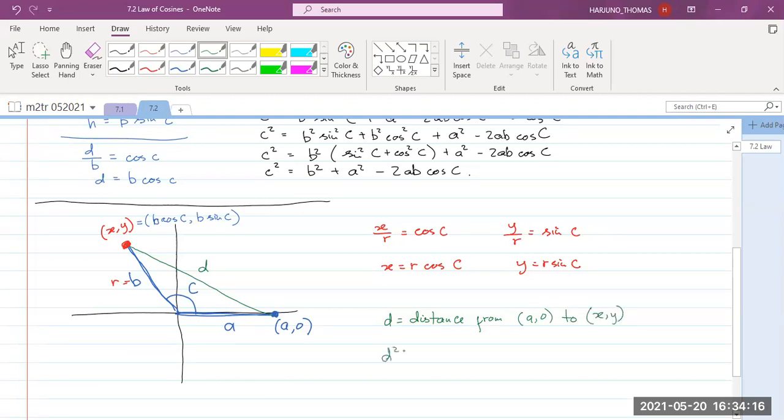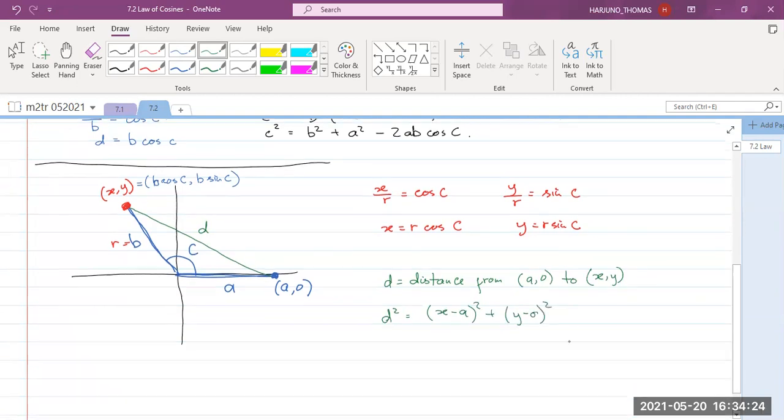So D squared equals (x minus A) squared plus (y minus 0) squared. That is (B cosine C minus A) squared plus y squared, which is (B sine C) squared. Now, if you play around, you will get the same thing.